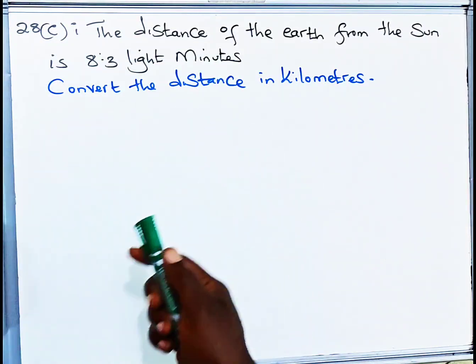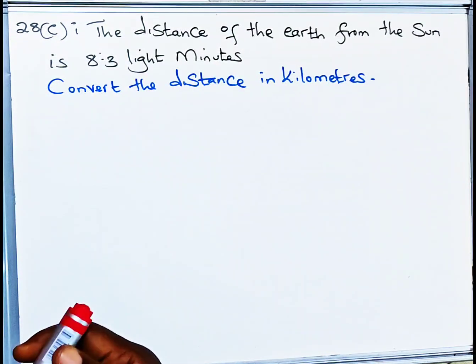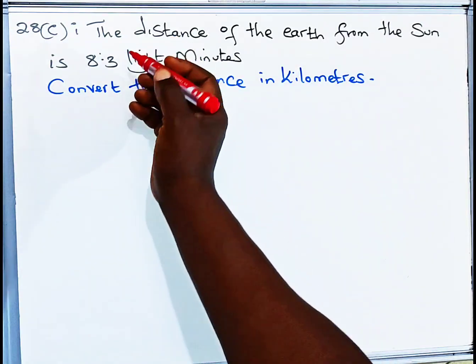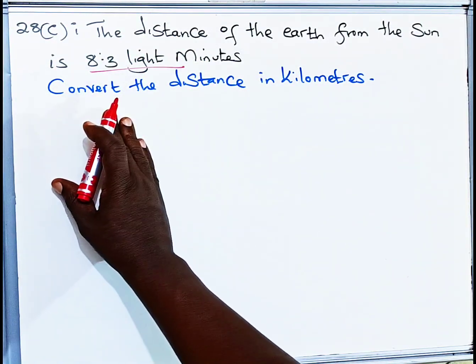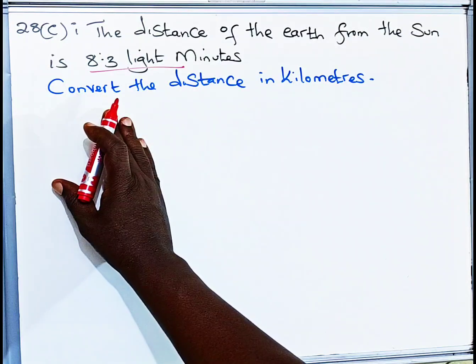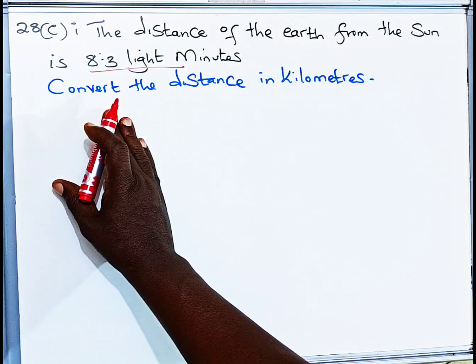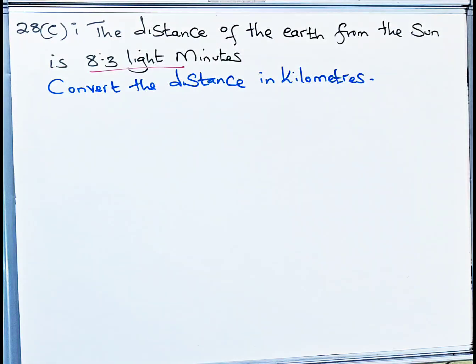How do we go about this? You have to know that what this actually means is that light will take 8.3 minutes to travel the distance from the Sun to the Earth.